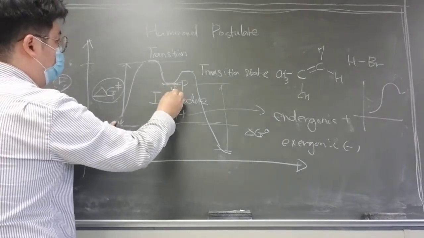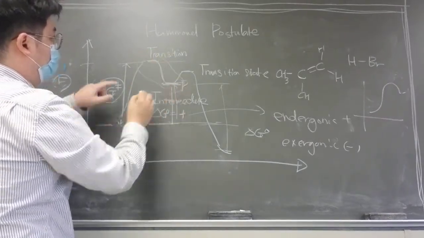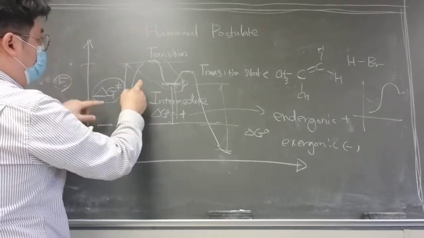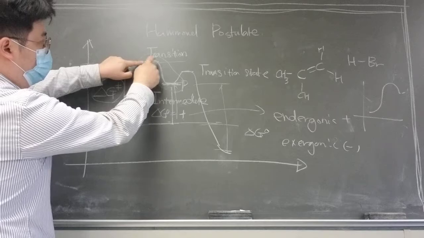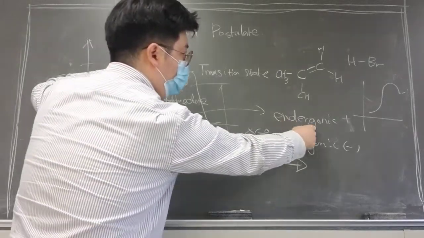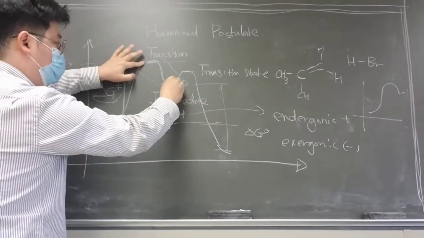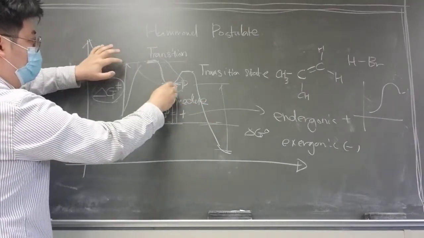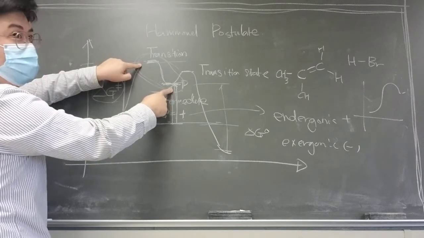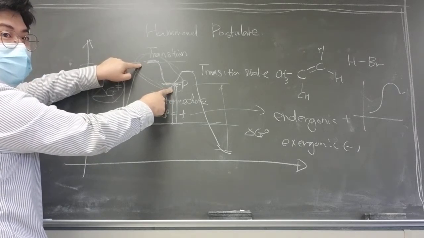So if that is true, the Hammond postulate simply means this. Because of the proximity, if it's an endergonic reaction, when your delta G is positive, the structures of the transition state and the product resemble each other. Okay?